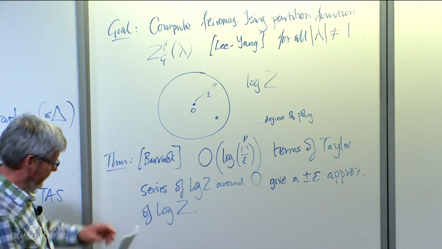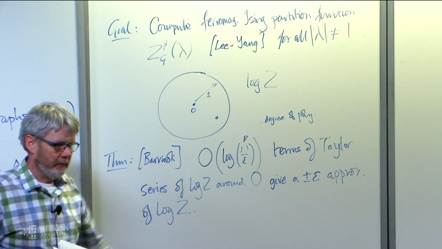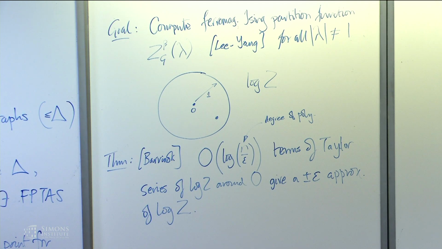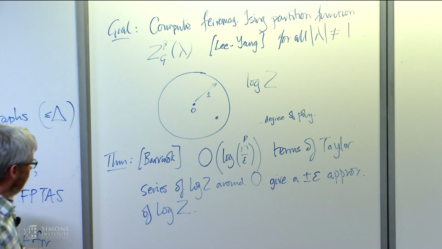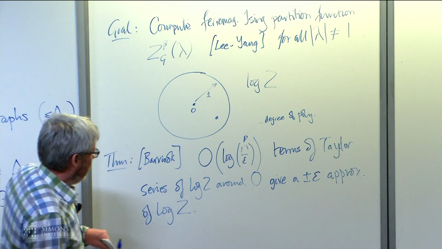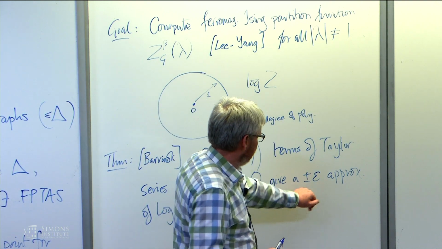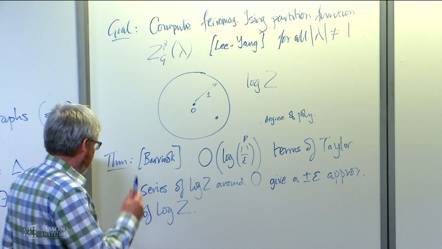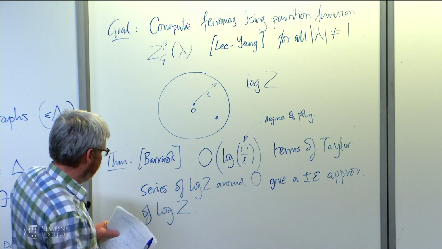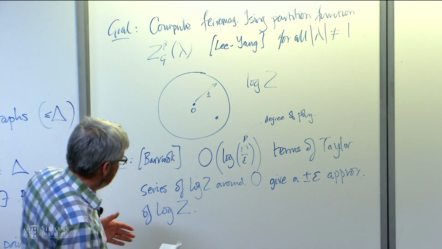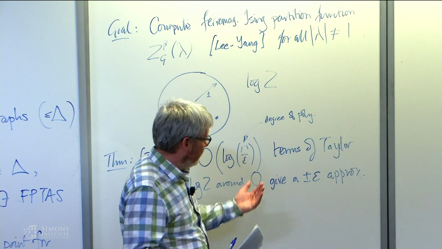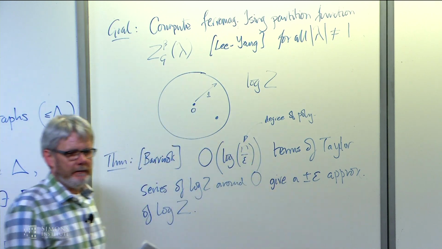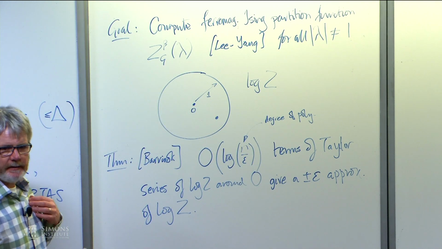I may or may not spell that out, but I'm assuming you'll probably do this. Once again, a plus or minus epsilon approximation of log Z will give us a 1 plus or minus epsilon multiplicative approximation of Z itself, when epsilon is small.